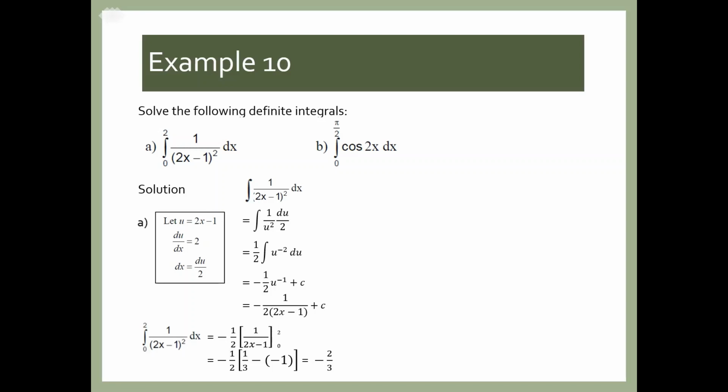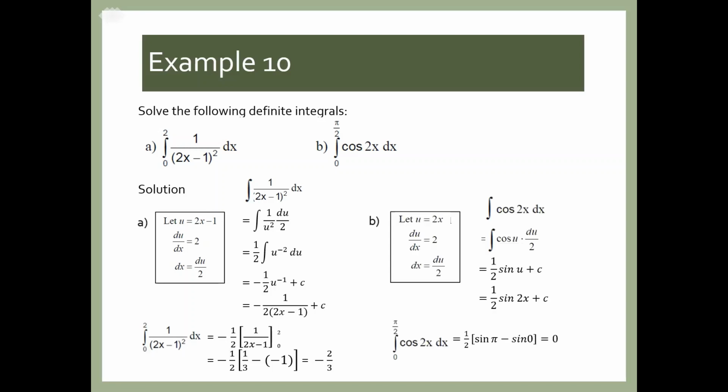Integrate with respect to u and replace the u back to 2x minus 1, you will get negative 1 over 2 multiplied by 1 over 2x minus 1 plus c as the answer. By subtracting the answer of the integral at the lower limit from the integral at the upper limit, you will get negative 2 over 3 as the final answer.